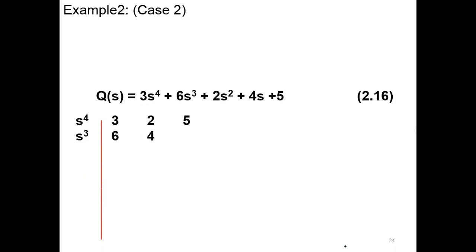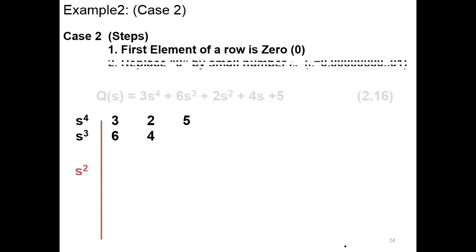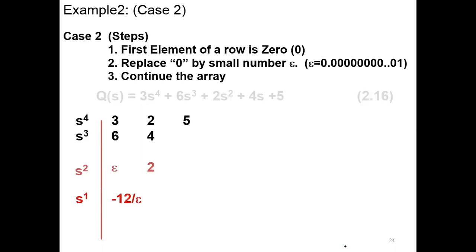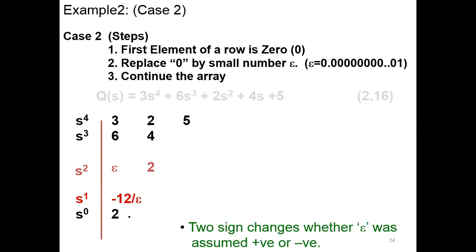This is another example, but it has the same minus 12 over epsilon. But this again has two sign changes. So this is again unstable. So two poles in the right half plane.